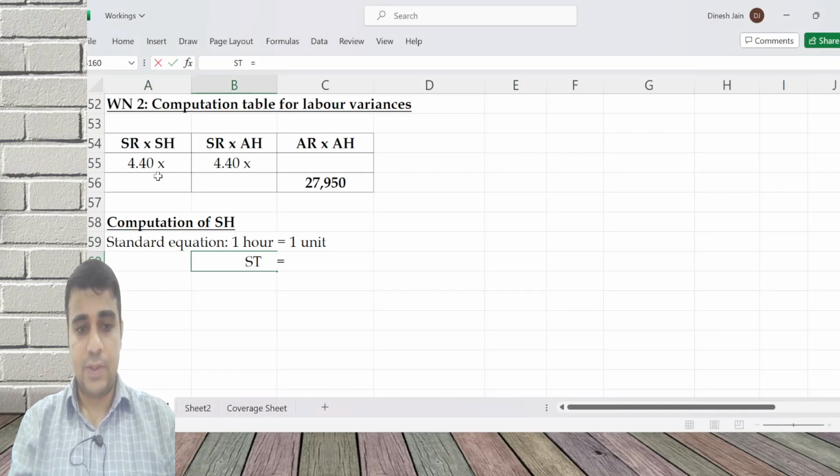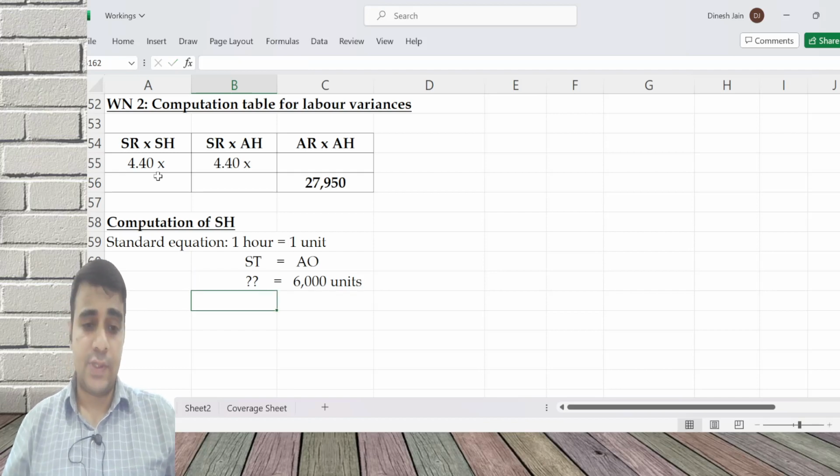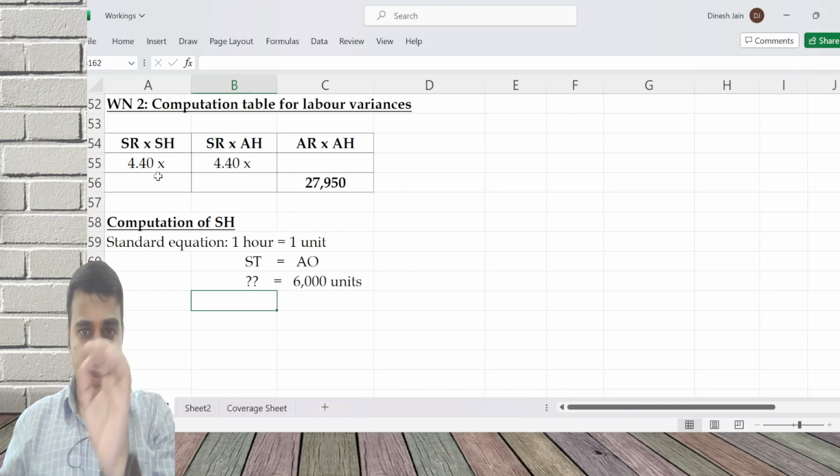ST equal to AO, which is 6,000 units. Objective is to get the computation table done.